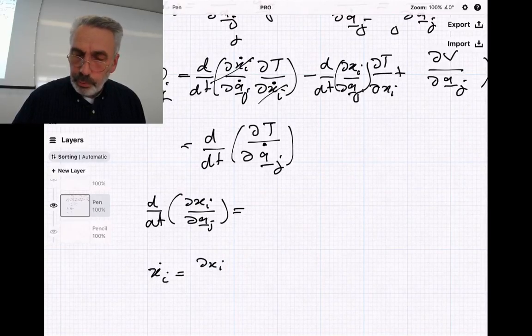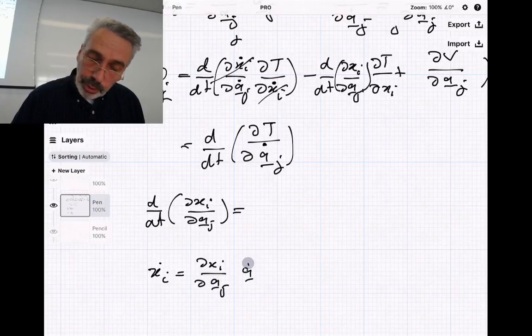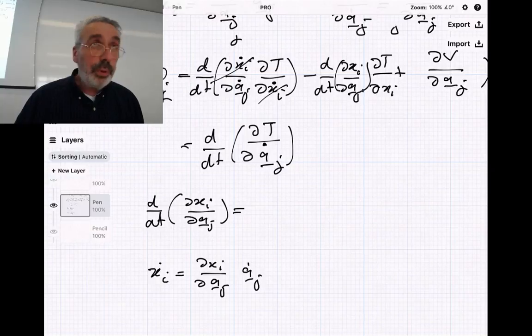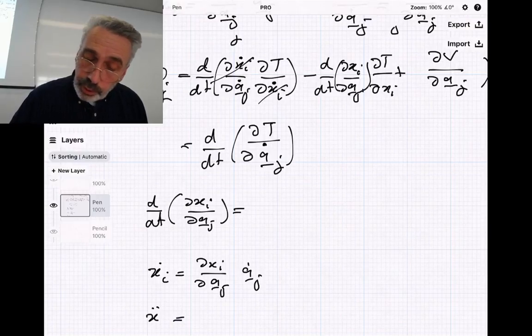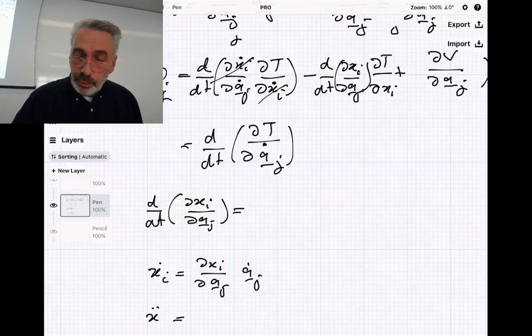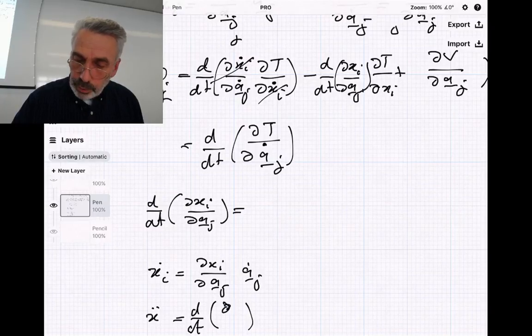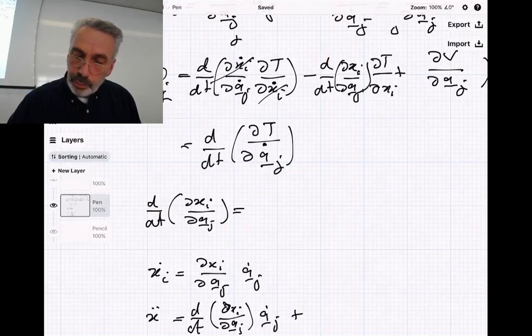So we have the speeds here, with q dot j, we have a Jacobian. So if we take the time derivative of that, x double dot, then we get the time derivative of this Jacobian, d/dt of dxi/dqj times q dot, plus of course the other terms.